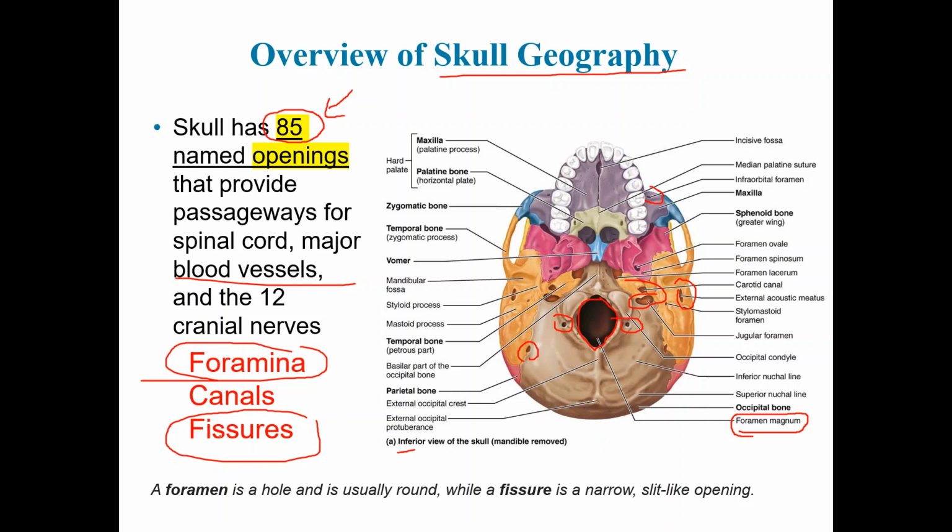And the fissures tend to be more narrow slit-like openings, but they're just both openings. Canal refers to really a channel. And so typically you can name a foramen with the same name as the canal. The foramen is the opening of that channel, of that canal.